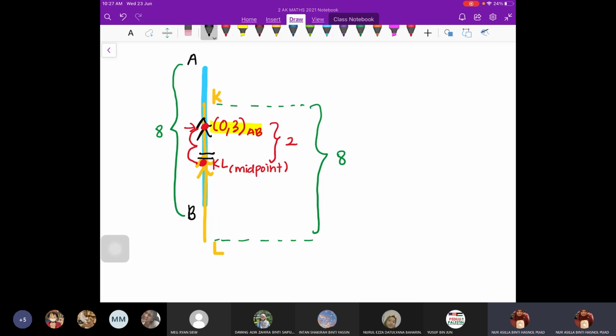Maksudnya line AB dan KL ini berada di atas y-axis. Faham. So teacher akan buat satu lakaran lah, y-axis. Contoh ni y-axis, x-axis. Okay, naik ke atas ini sebenarnya adalah y-axis.